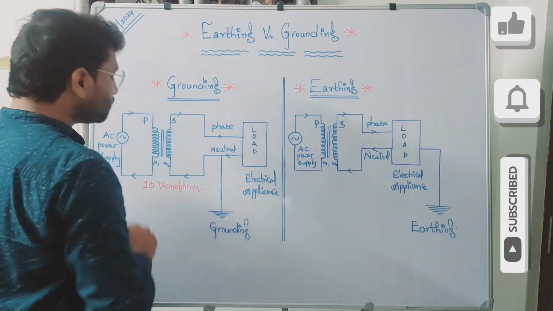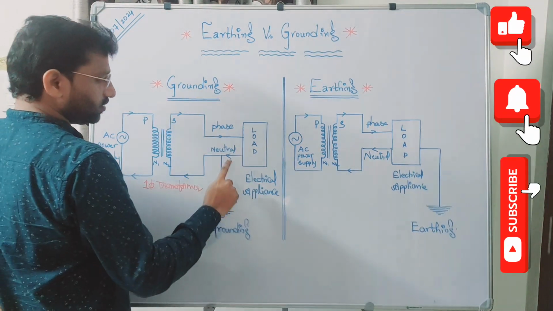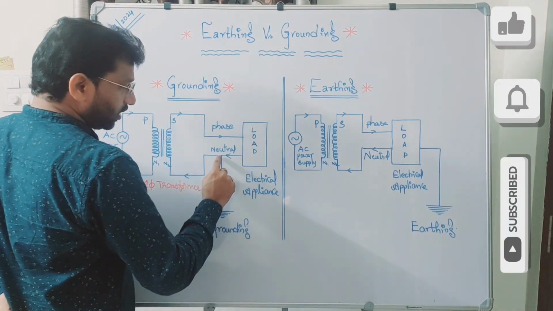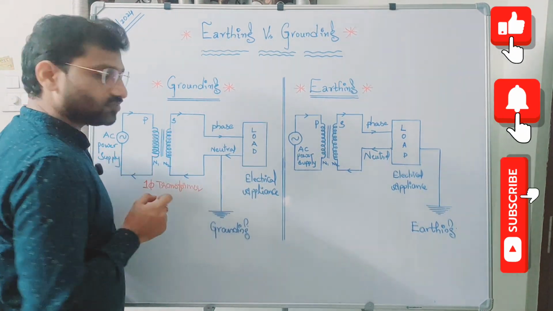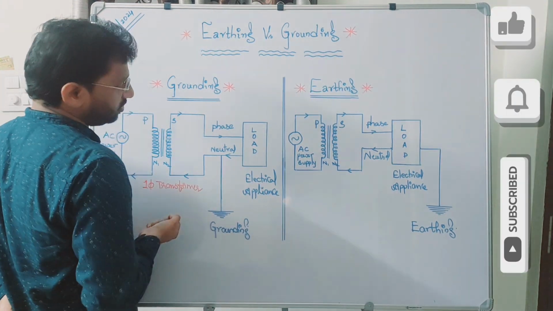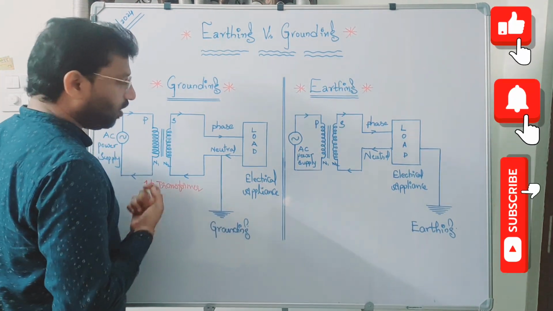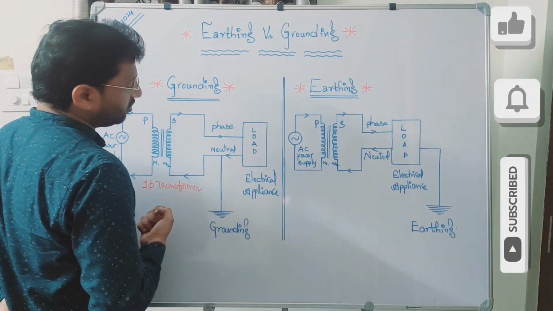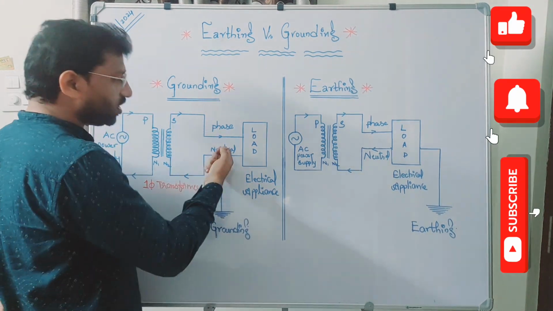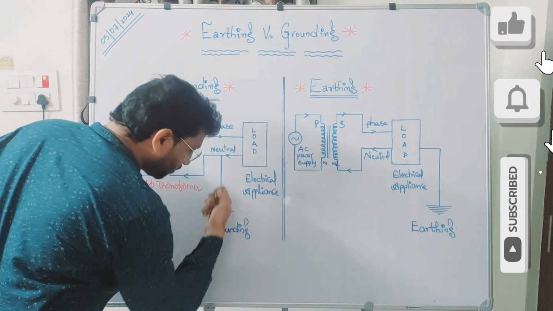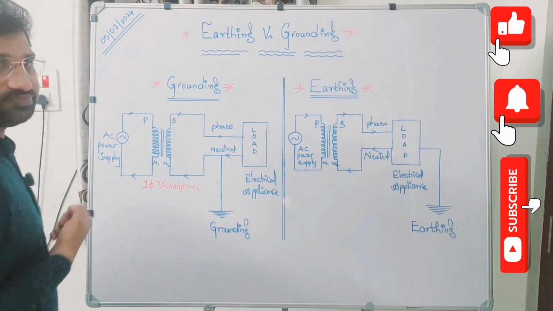Now, if you look at the first diagram, a connection is taken from the neutral point and connected to the earth.